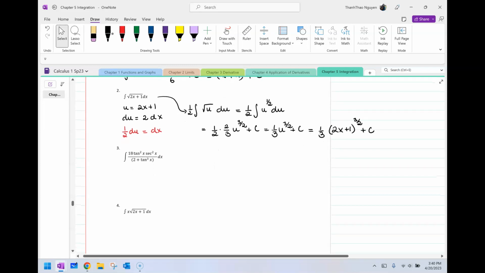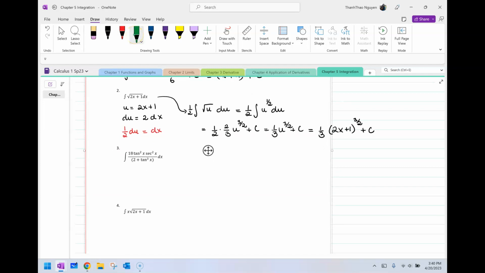Okay. So what should I let be u in this case? Well, let's say I let u equal tangent of x, then du, the derivative of tangent, equals secant squared of x dx, right?